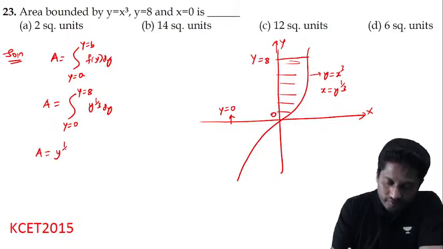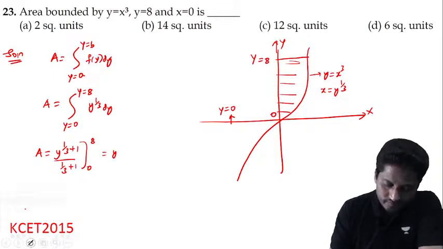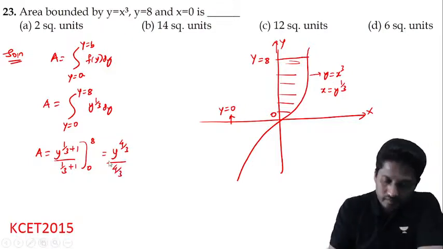That gives y to the power of 1 by 3 plus 1 by 1 by 3 plus 1, with limits 0 to 8. So y to the power of 4 by 3 divided by 4 by 3 in the limits 0 to 8.